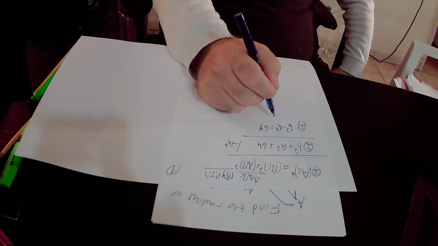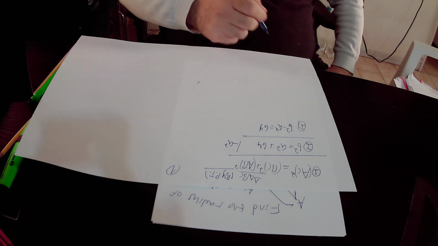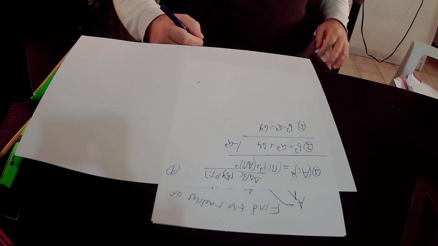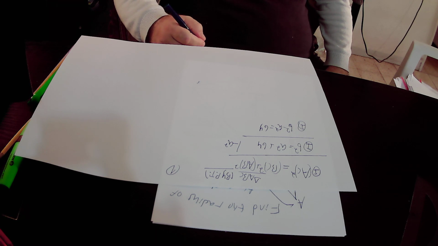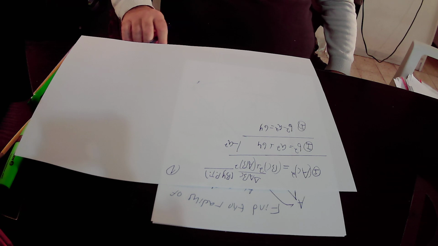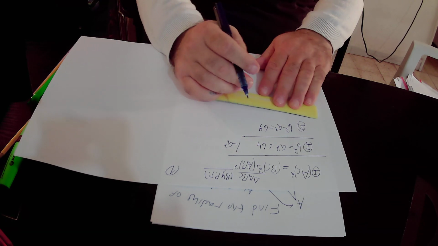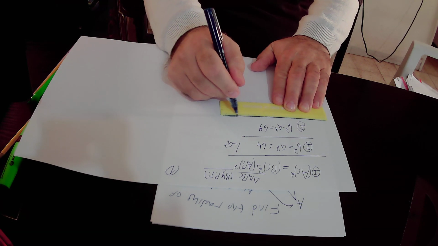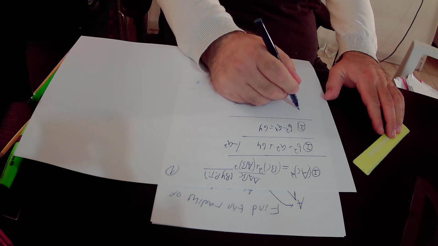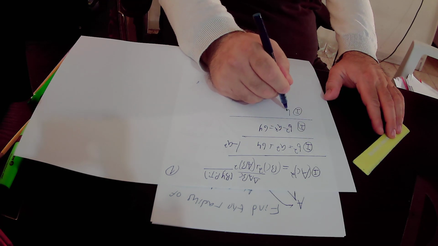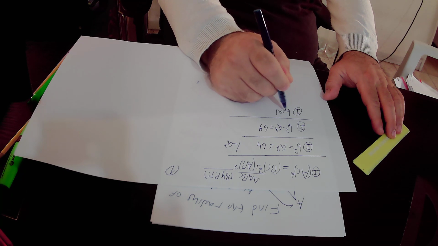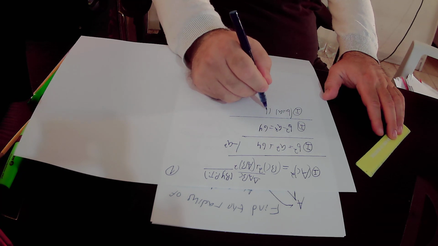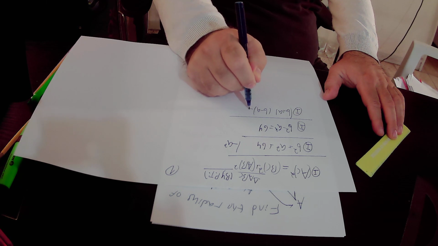We use the algebraic identity that B squared minus A squared equals B plus A times B minus A. So B squared minus A squared equals B plus A times B minus A, that is equal to 64.